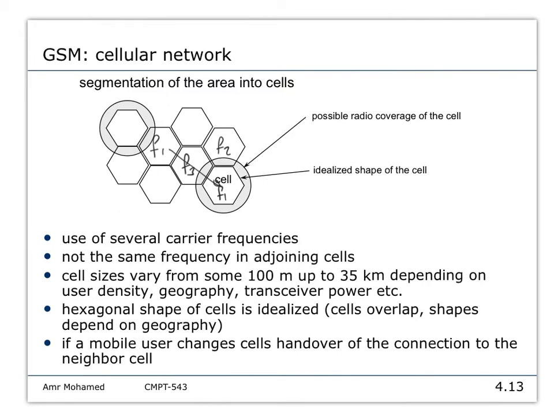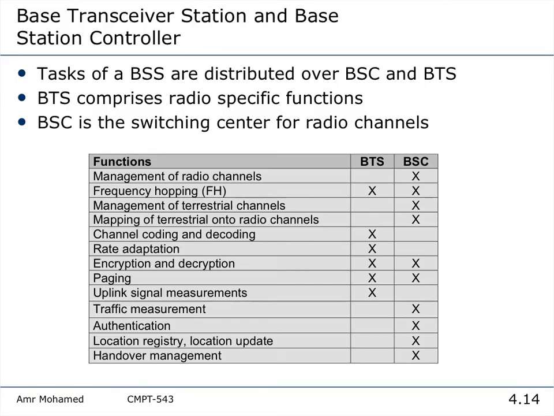So each cell gets assigned around 10 of these channels, and some channels are used for control information, not used for data transfer at all. But in any case, these channels are used in an order of 10, but the same channels can be used again for cells that are far.